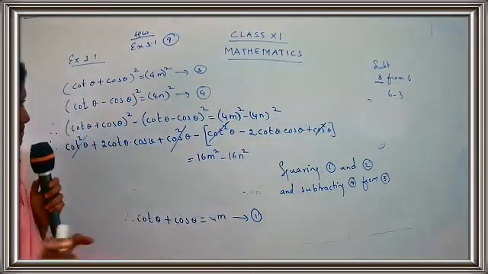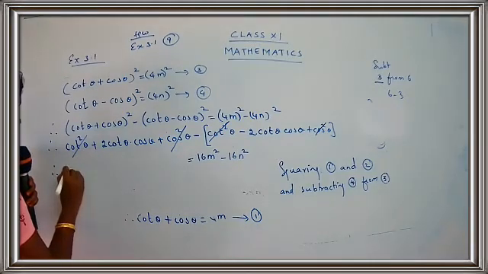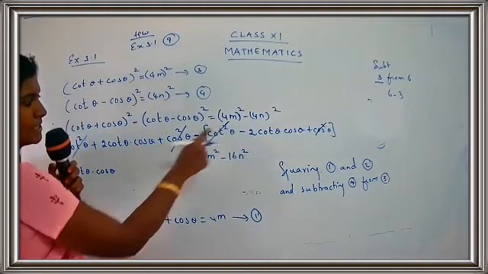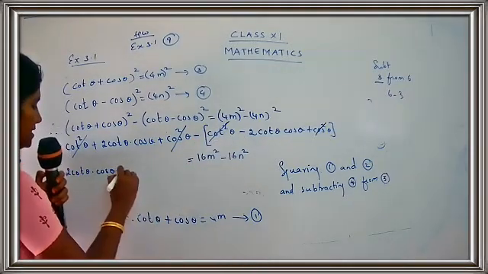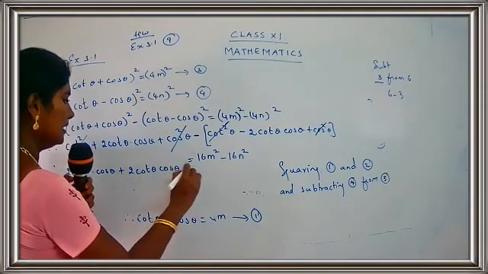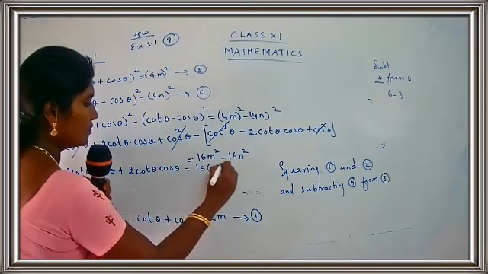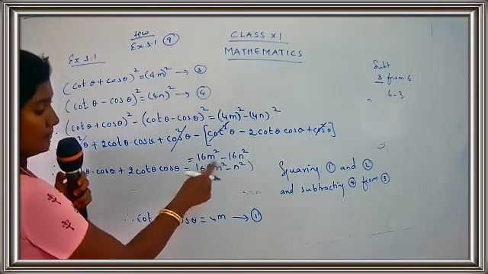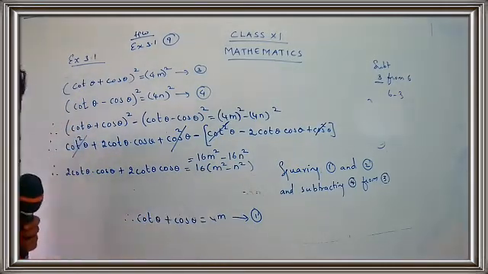At the last, what is left? You have 2 cot theta into cos theta, minus minus. What is minus minus? Plus. Yes. So 2 cot theta cos theta. And what is left here? 16 m square minus n square. I have just taken the 16 common. I get 16 (m square minus n square).